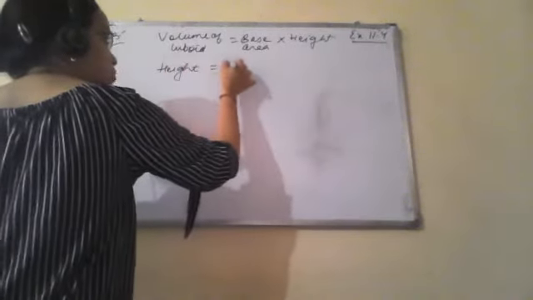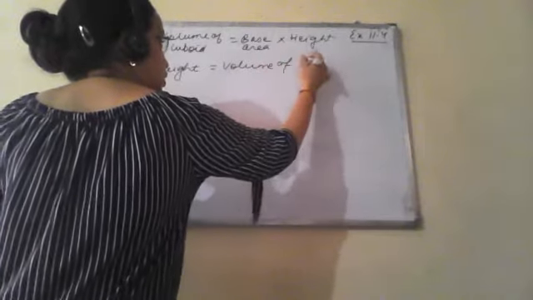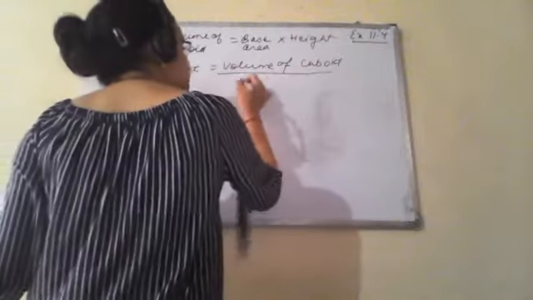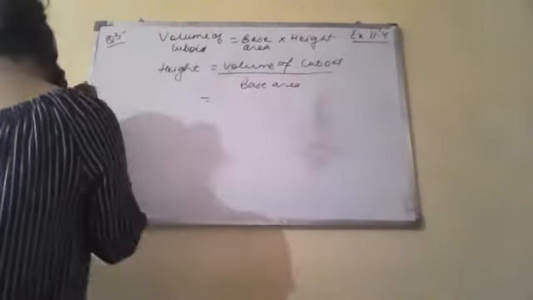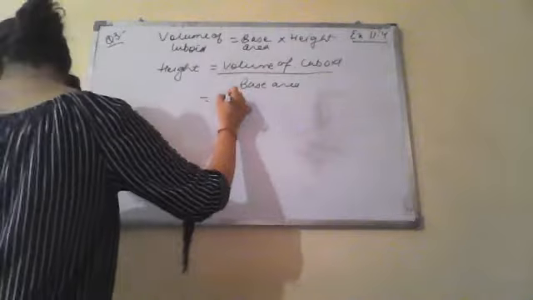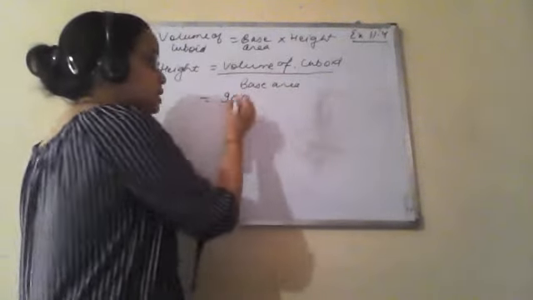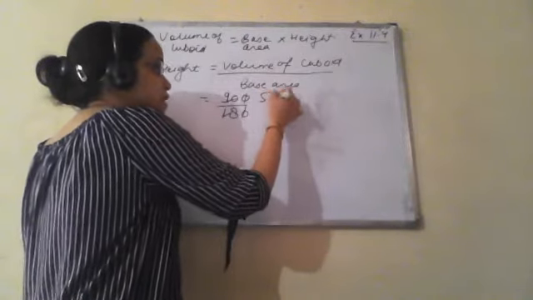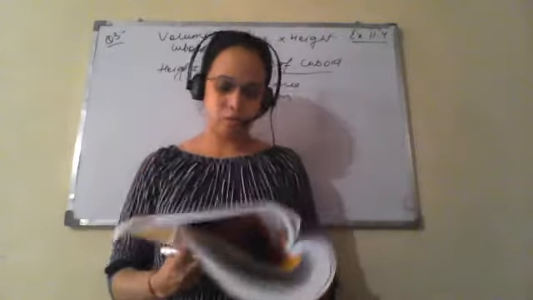It will be volume of cuboid divided by base area. Now what is volume of cuboid? It is 900. Base area is 180. So this is 5 centimeter. Height of the cuboid is 5 centimeter.